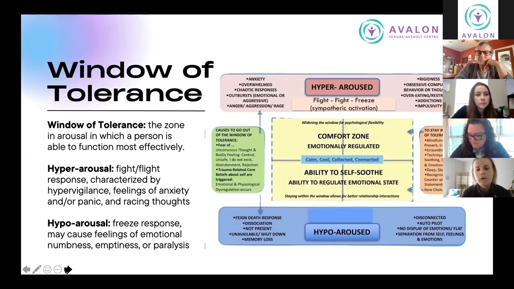And when we're talking about institutional betrayal, when we're talking about secondary wounding, really looking at this diagram, looking at the window of tolerance and understanding what this might look like for a survivor who's been impacted.